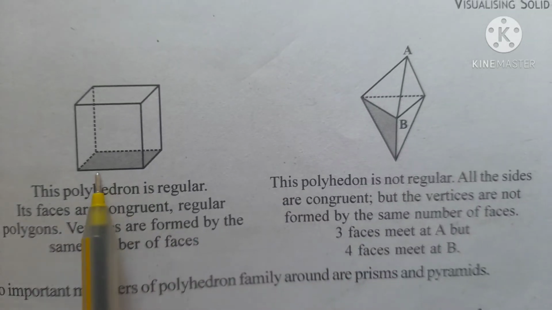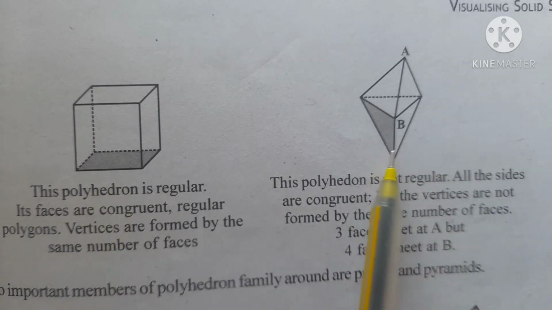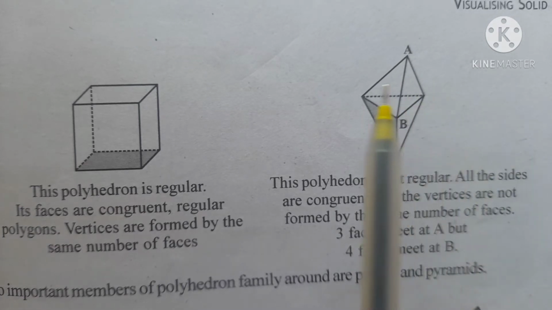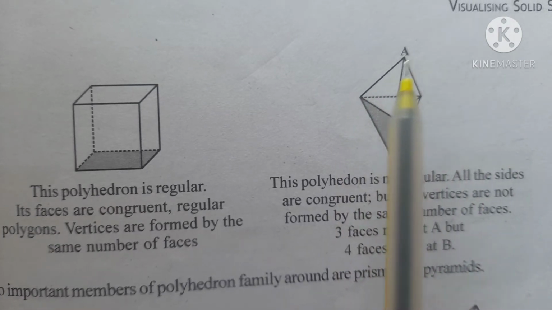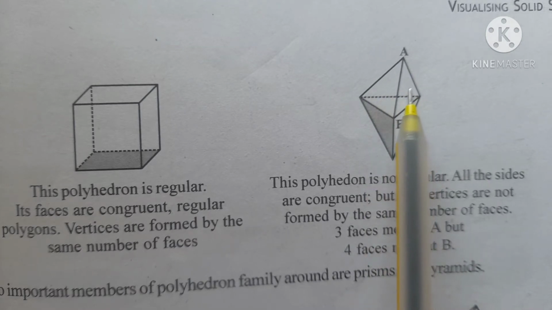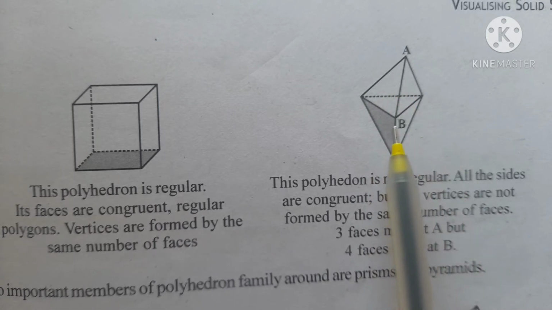Here you can see a regular polyhedron, the cube, which I explained just now, and this is not regular, as you can see the two vertices A and B. If I consider the first vertex A, three faces are meeting. This triangle is the first face, this is the second face, and one at the back side is the third face. But if you see the vertex B, four triangles are meeting.